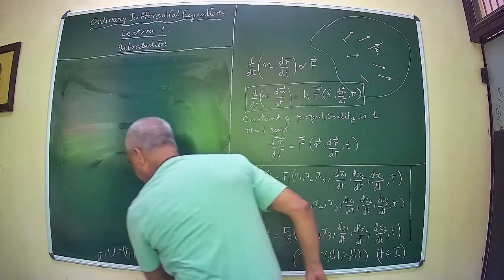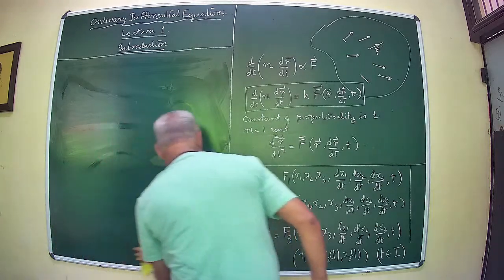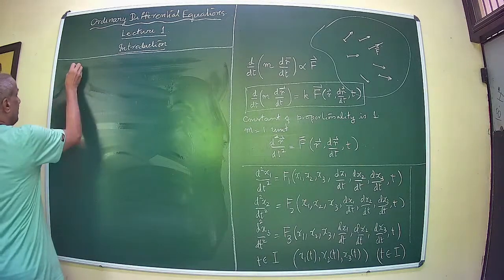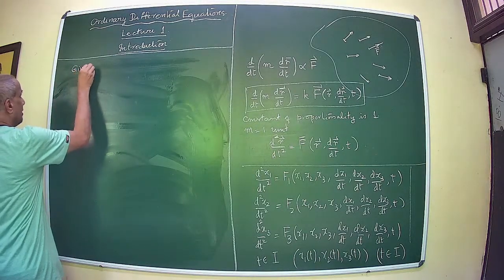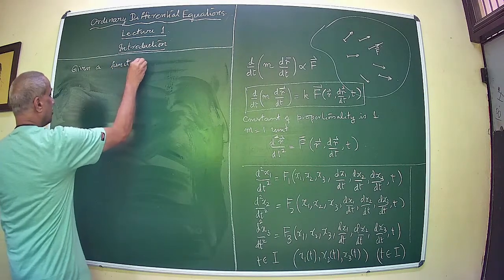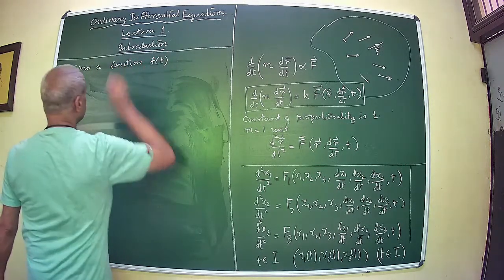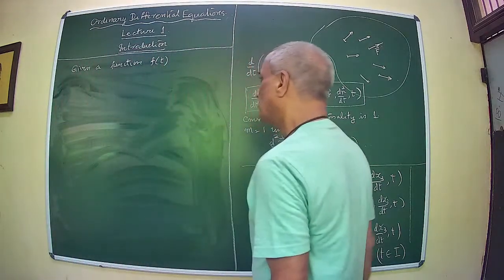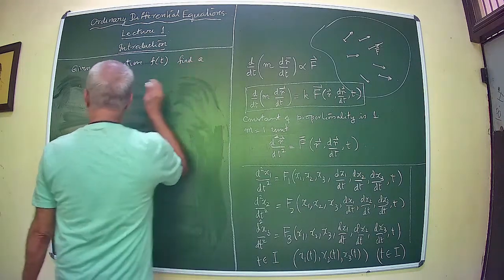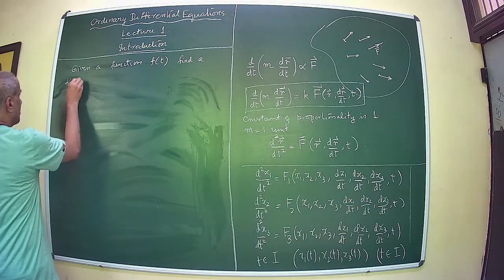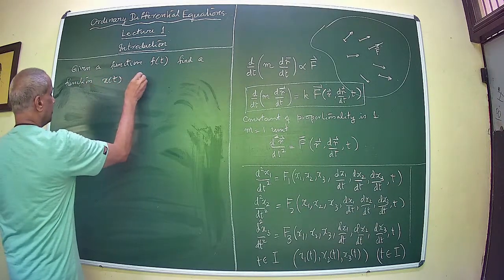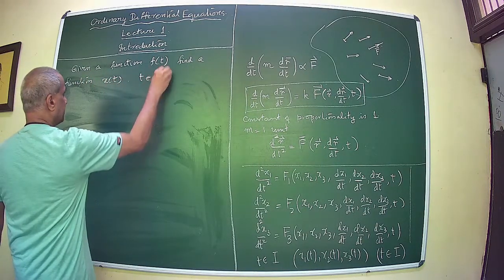For example, the simplest type of differential equation that you may encounter is, given a function f of t, find a function x of t such that for t belonging to some interval I, x prime equals f of t.